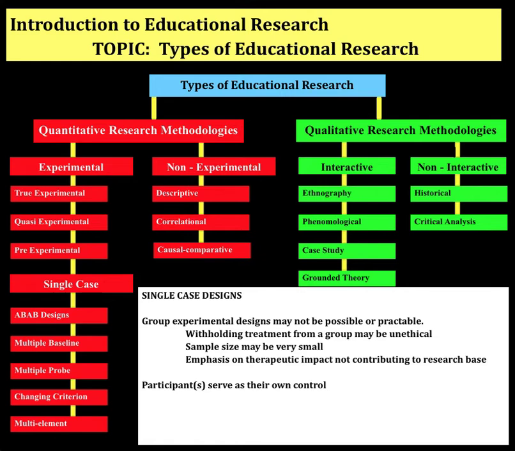And then the third reason why single case designs have been established is their emphasis is usually more on their therapeutic impact. They're not interested in contributing to basic research. And the other defining characteristic is participants in single case designs serve as their own control group. And that'll be explained when we go over single case designs.